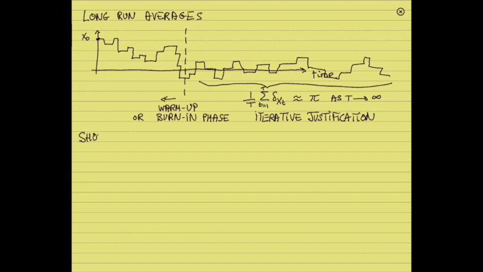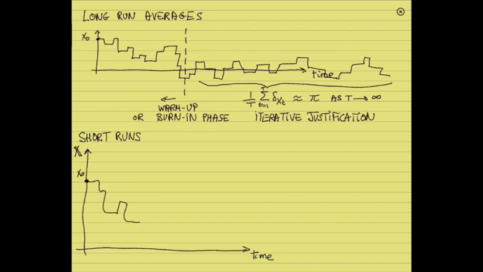But it's worth pointing out that there could be another way of using the exact same Markov chain algorithms for Monte Carlo purposes. In this way, here called the short run method, you would have the same type of diagram. So the x-axis is time, y-axis is the state space. You start from some x0, and you draw a Markov chain.